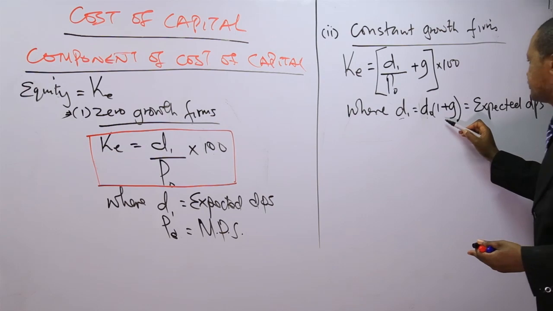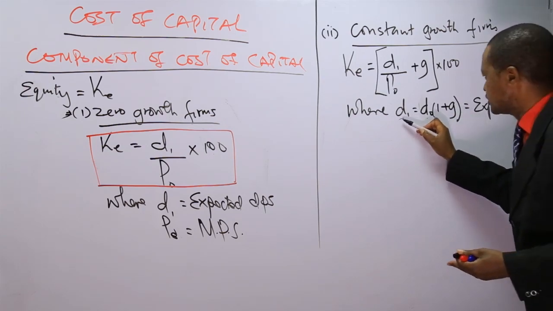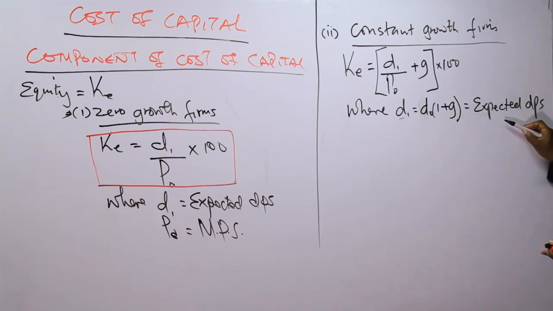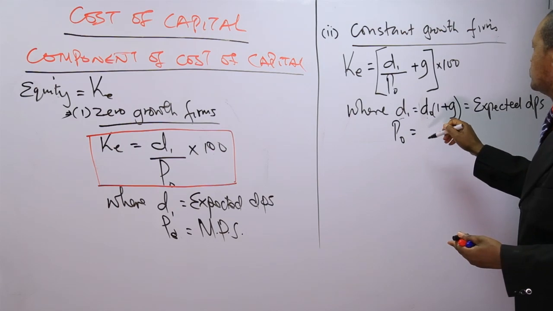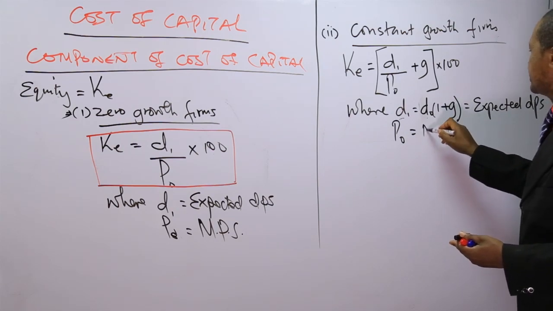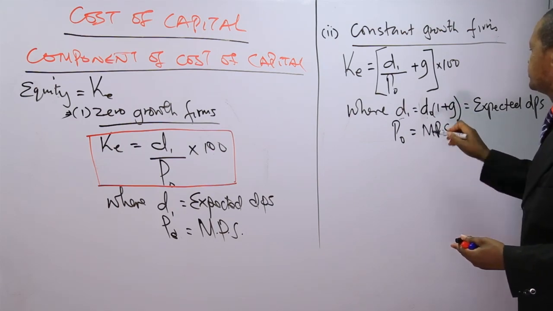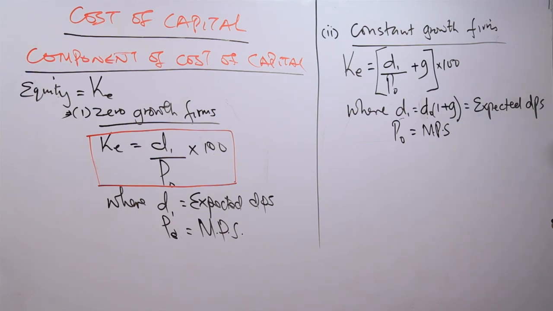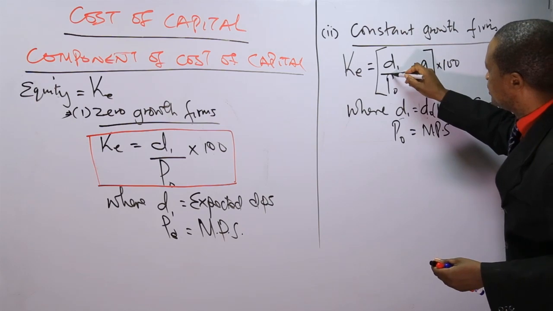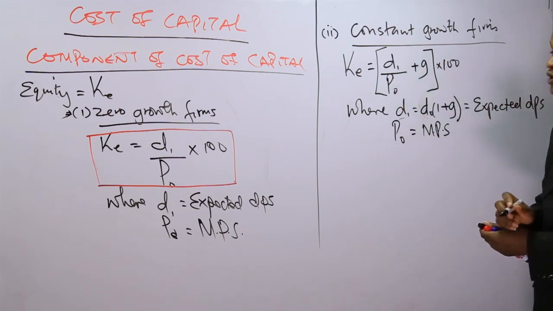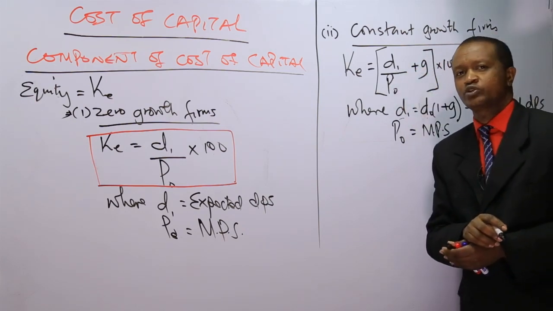You multiply by this factor to arrive at D1, which is the expected dividend per share. And P0 is equal to the market price per share.